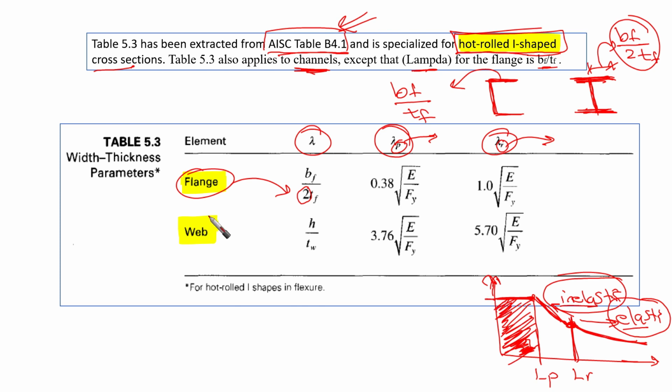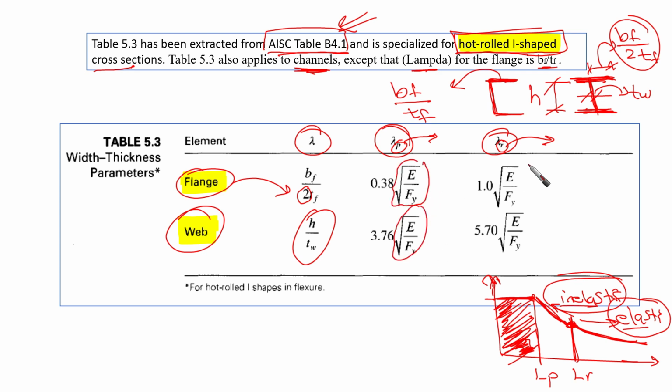For the web, we have the limits h over t web. So h is the height over t web, the thickness of the web itself. In our limiting values, as you can see, we always have the radical of E over F yield in all of them.